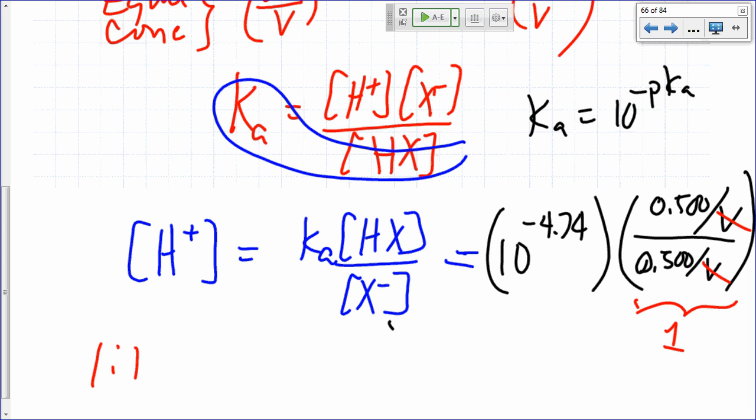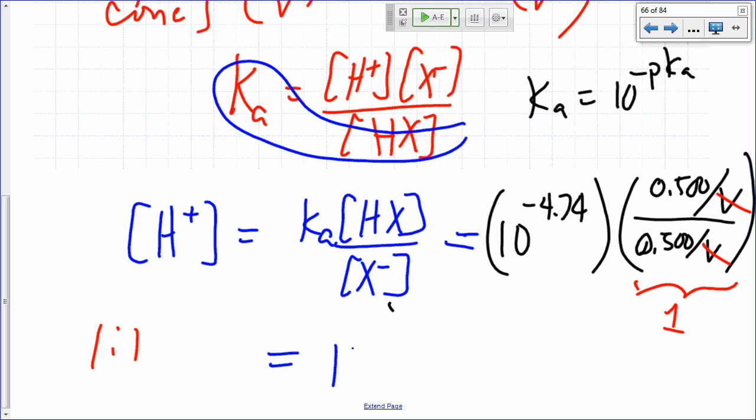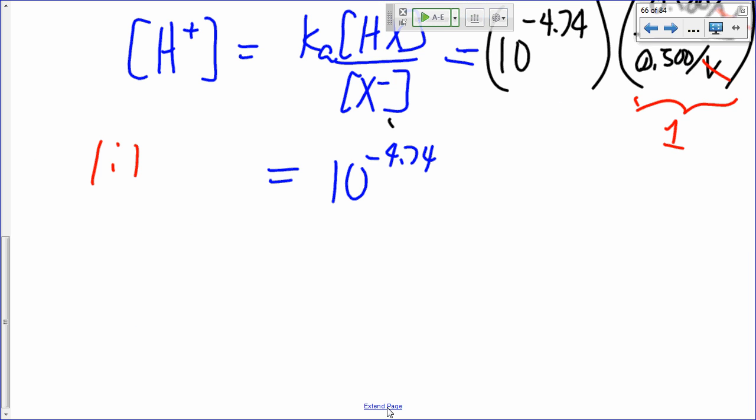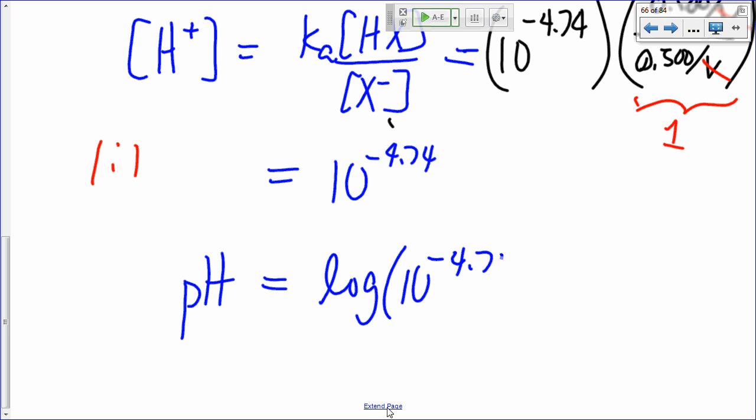So what's our Ka here? What is our H plus here? It's just 10 to the negative pKa, right? Since this is 1 times 1. So what's our pH? pH would be the negative log of 10 to the negative 4.74.